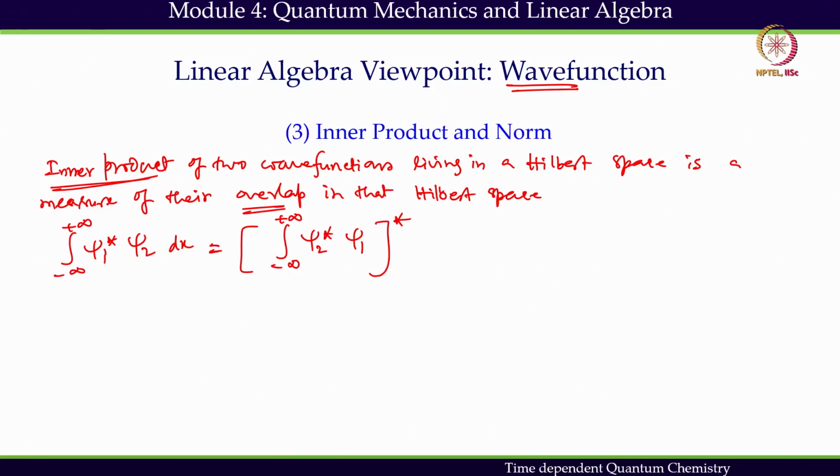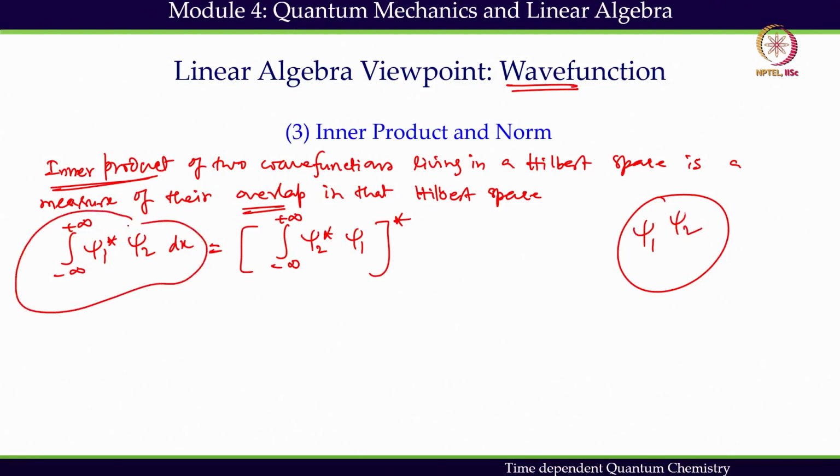So what is the meaning of it? It means that in the Hilbert space, if I have two wave functions psi 1 and psi 2, and we find this integration, then it shows how much overlap they have. Let's say psi 1 and psi 2 are represented by these two ellipses, psi 1 here, psi 2 here. Overlap means how much space they are occupying and sharing.